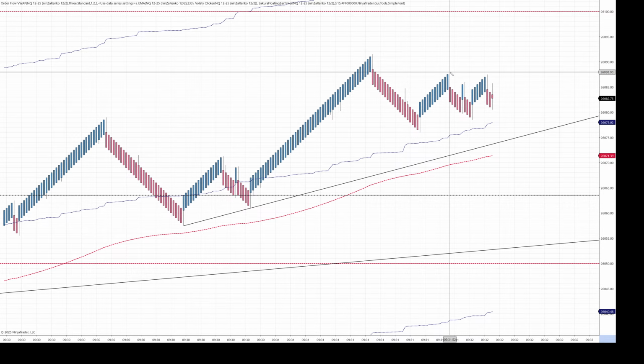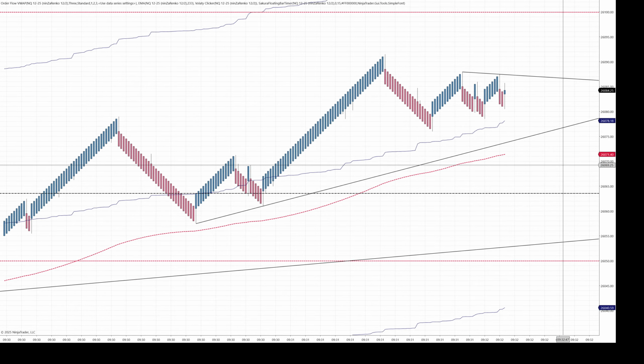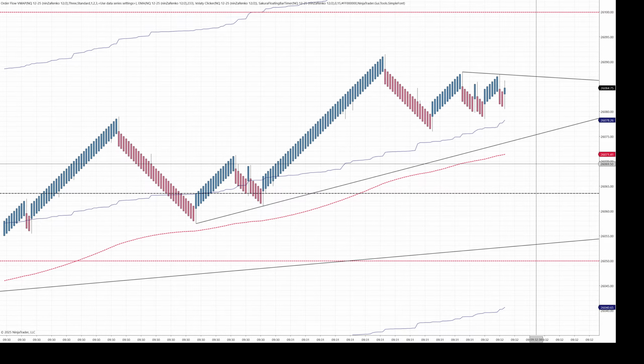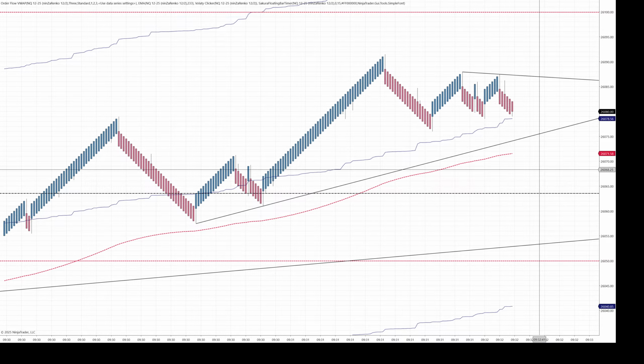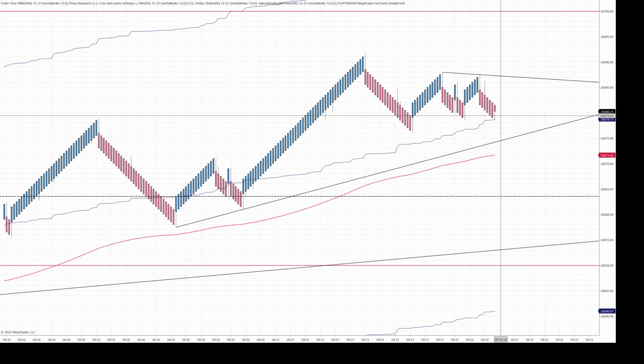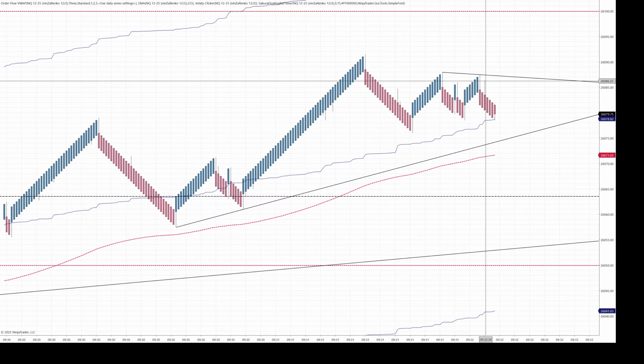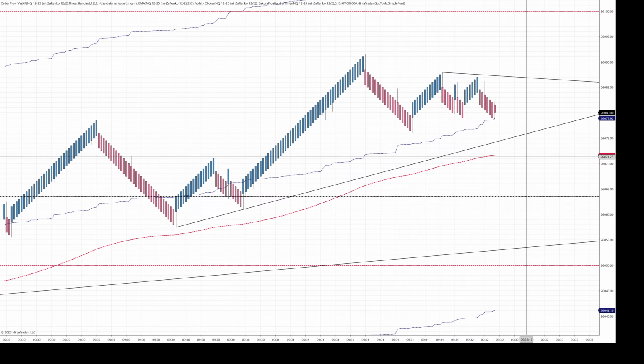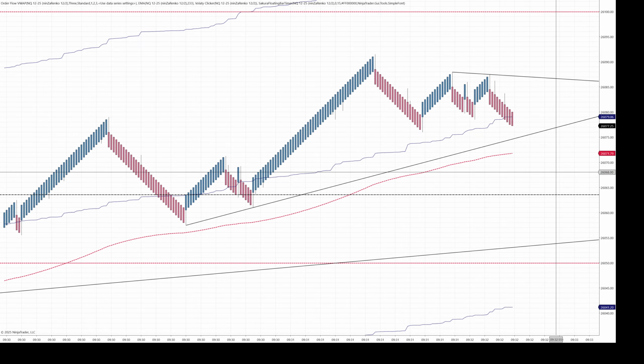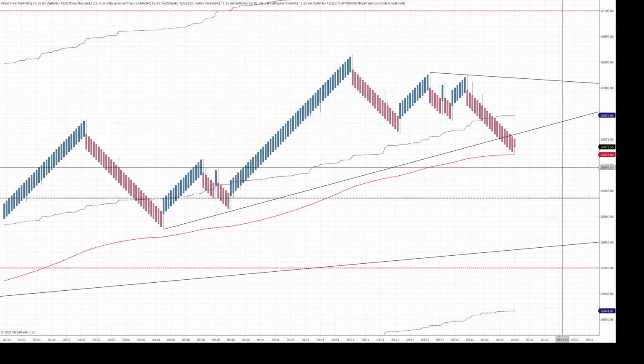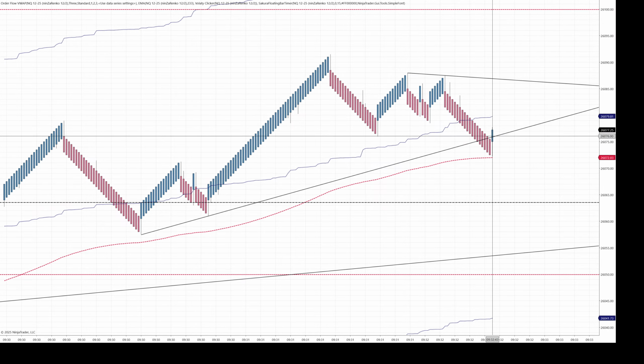Price is kind of slowing down a little bit here. We won't be able to take this reversal here if it goes back up because we have this trend line in the way. Okay, it decides to keep going down. Same thing with this reversal area here.